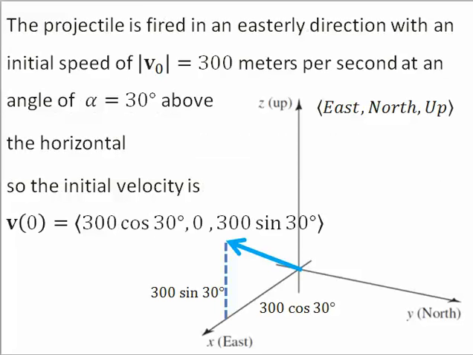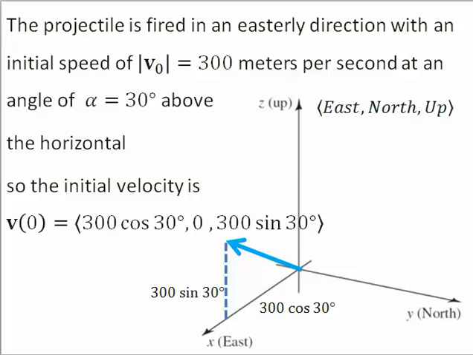The projectile is fired in an easterly direction with an initial speed of 300 meters per second at an angle of 30 degrees above the horizontal. So the initial velocity is 300 cosine 30 for the easterly component and 300 sine 30 for the vertical component.